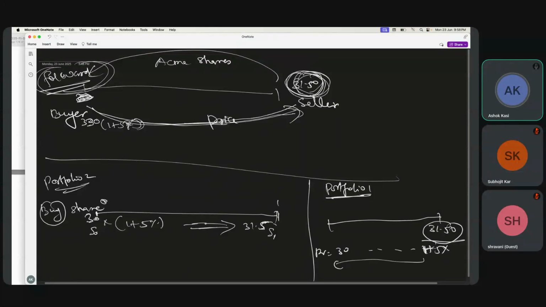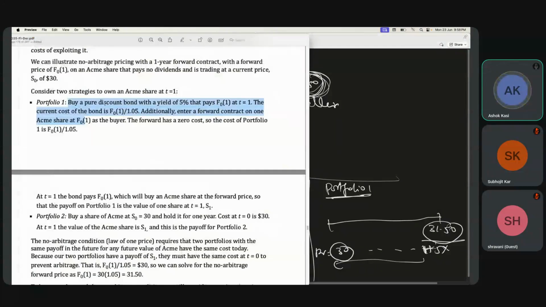The present value will be 30. So buy a pure discount bond that pays F01 at t is equal to 1. The current cost of the bond is F01, that means 31.50 divided by 1 plus 5%.